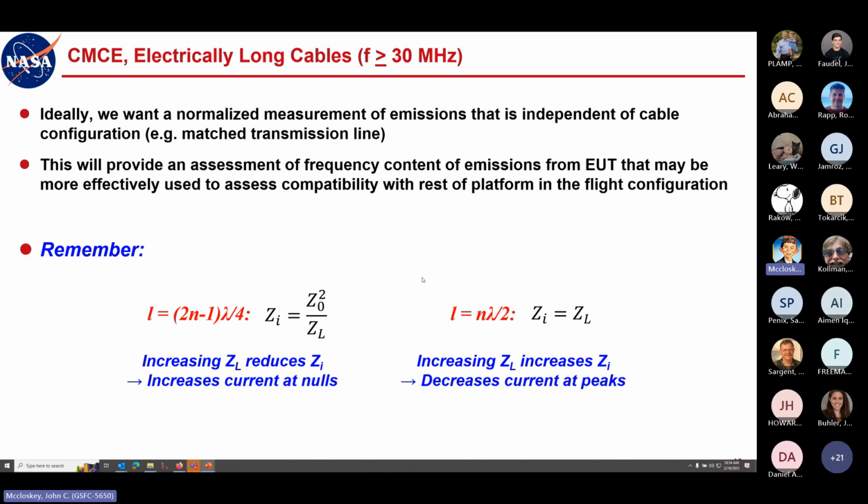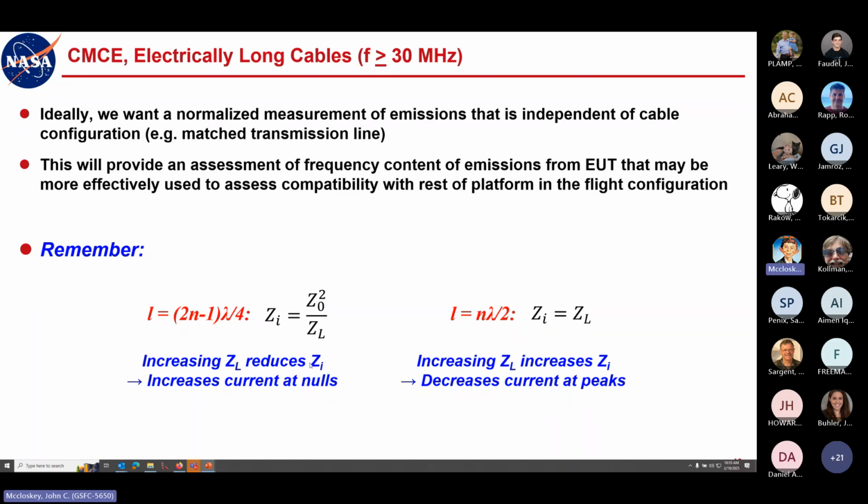So the ideal thing is if we could make our cables behave as a matched transmission line, so that we can get a normalized measurement of just the inherent emissions coming out of the UT that's independent of the cable configuration.